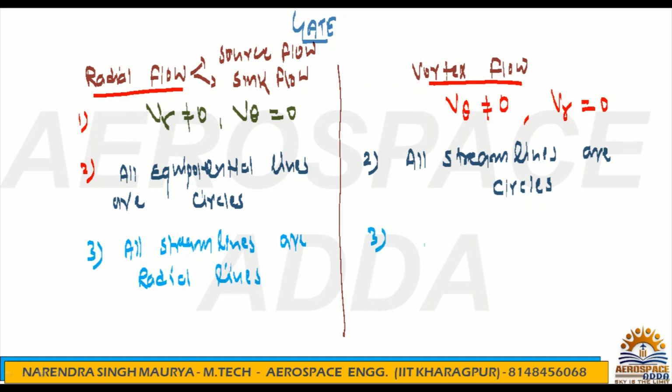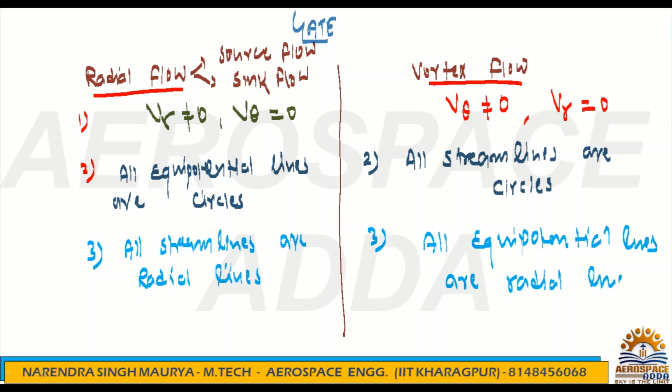Here, in vortex flow, all equipotential lines are radial lines.